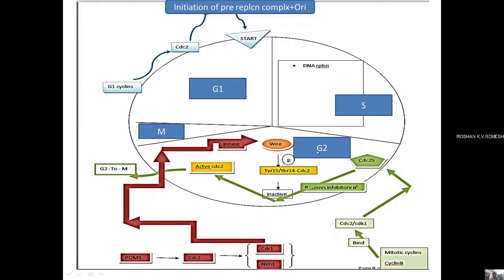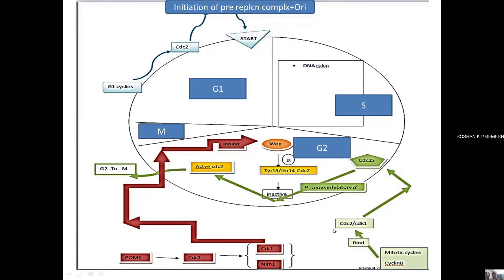But the drive of the cell cycle from G2 to M phase is not at all simple, because the CDC2 over here is regulated. You know why? Because in the G2 phase, the main thing observed is the growth of the cell in volume. So as much as this G2 phase gets prolonged, the growth of the cell in volume occurs.